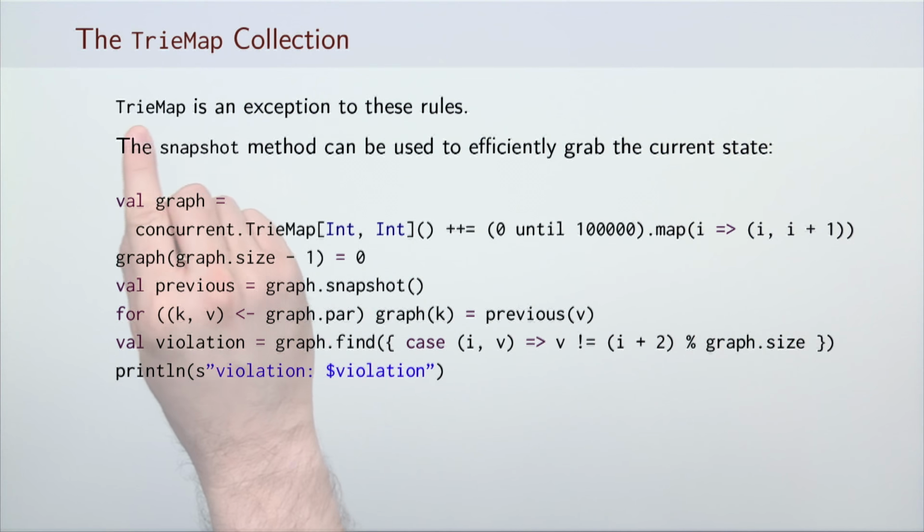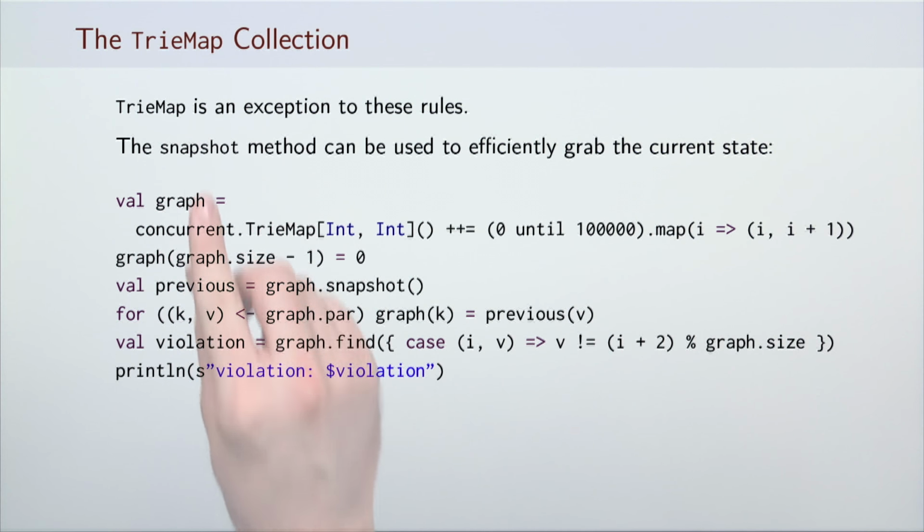The TrieMap collection is an exception to the previous rule. This concurrent collection automatically creates atomic snapshots whenever a parallel operation starts, so concurrent updates are not observed during parallel traversals. TrieMap also provides the snapshot method, which efficiently creates a clone of the map.